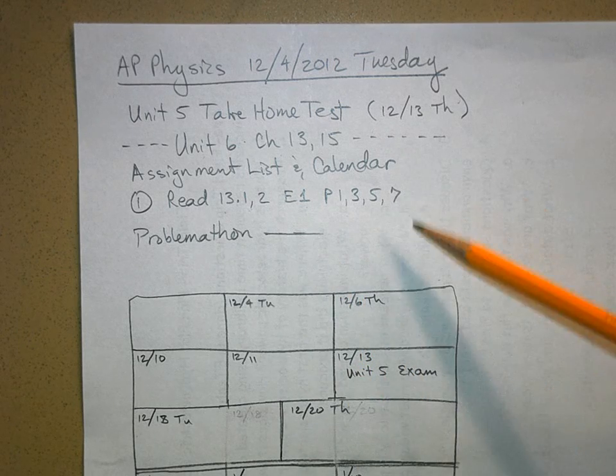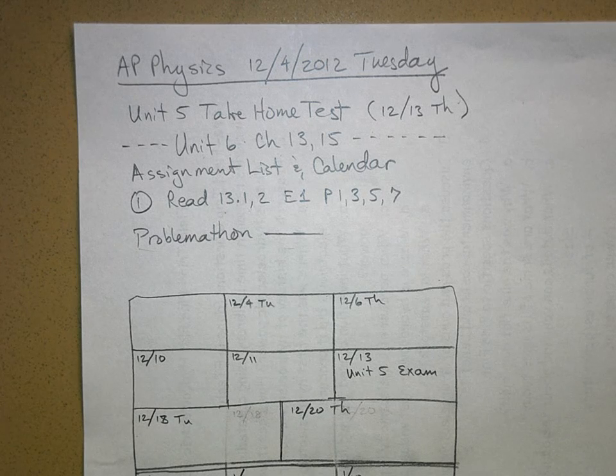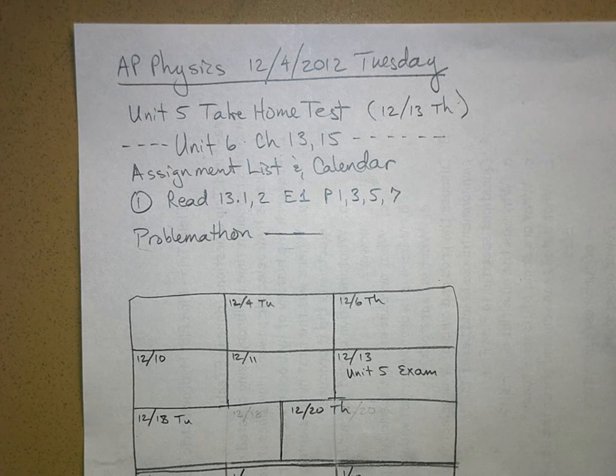Once I'm done with this, you can have problemathon. What should you do in that problemathon time? Work on Unit 5 assignments, work on the Unit 5 take-home test, and work on Assignment 1 for Unit 6.